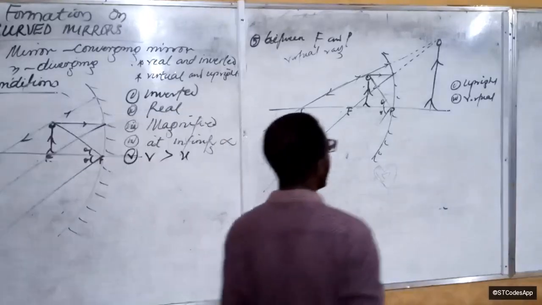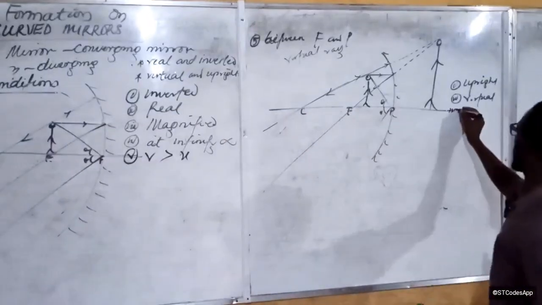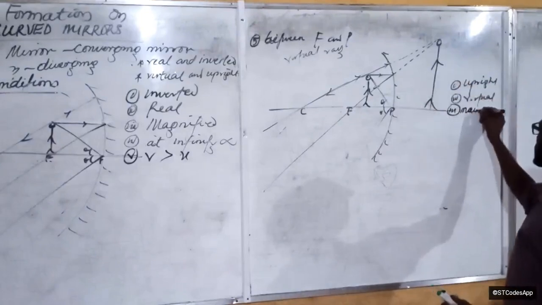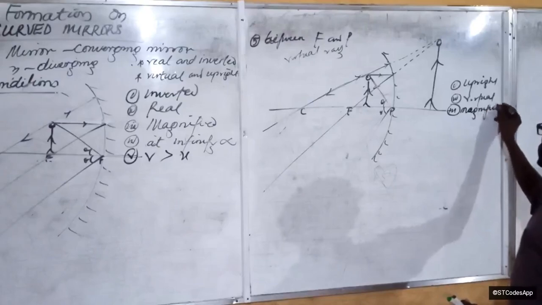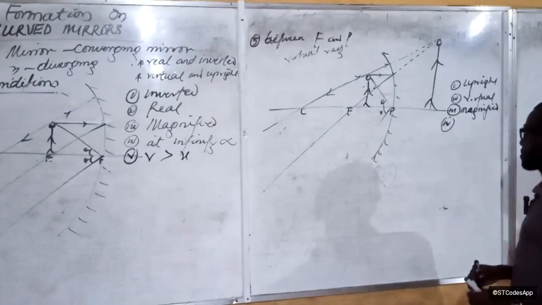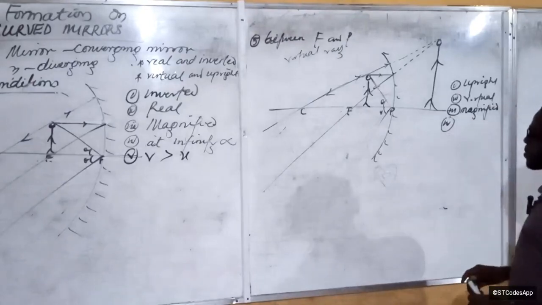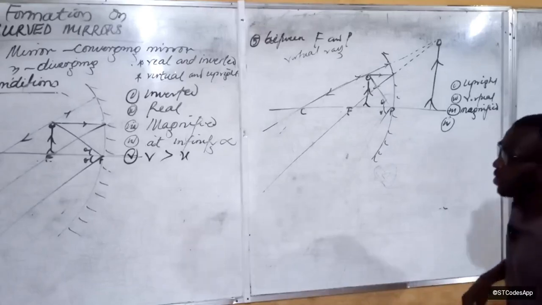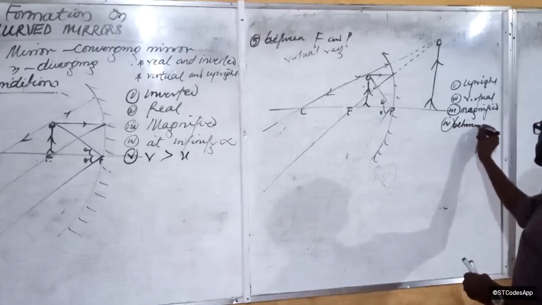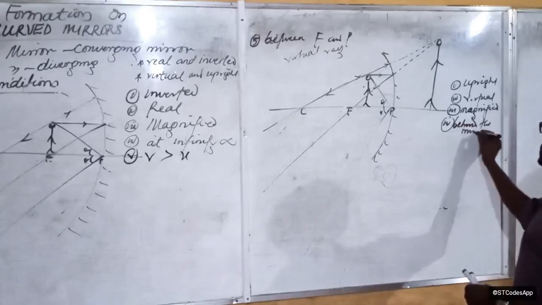And if it's virtual, what else do you notice? It's also magnified, isn't it? It is magnified. And because the virtual image cannot be formed on a photographic plate, the fourth one is, where is it formed? It's formed behind the mirror.